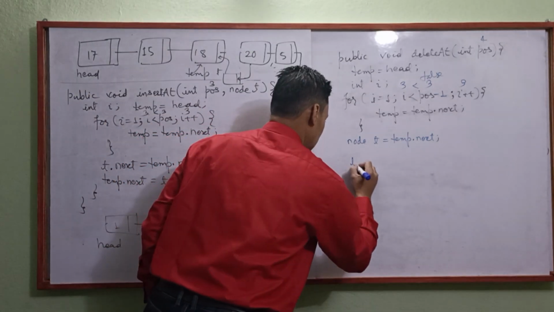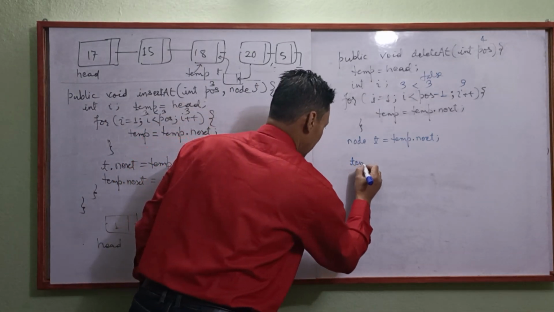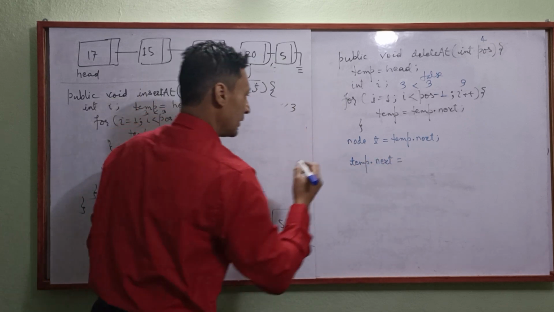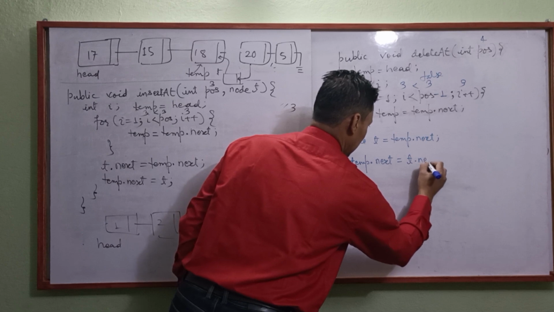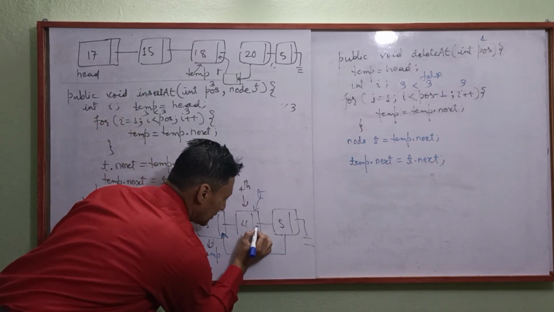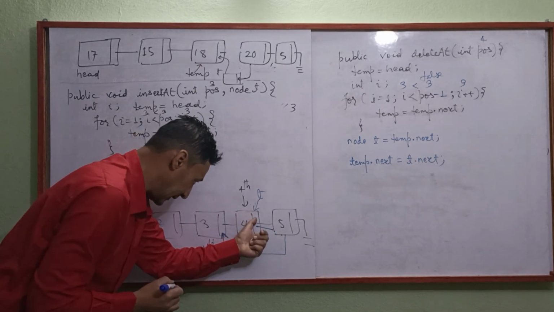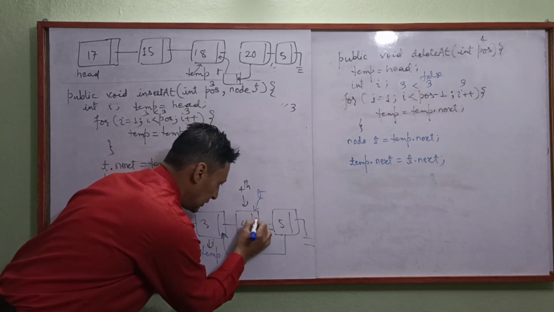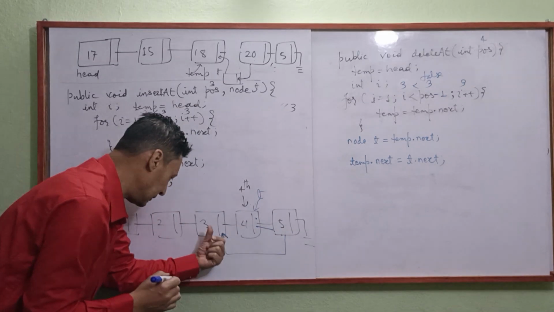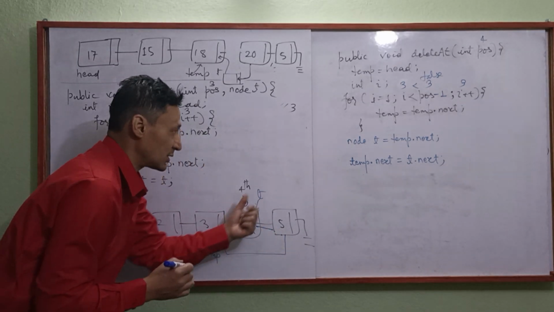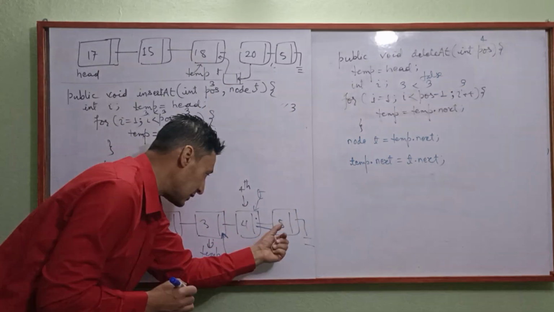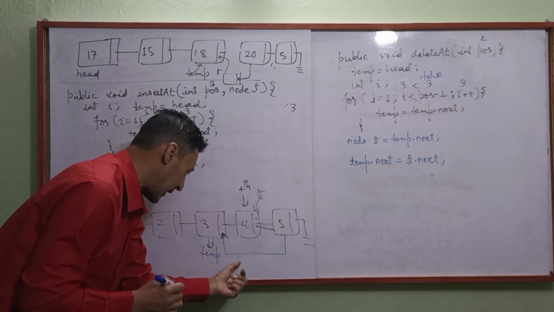Now we write temp.next equals t.next. Now this is t, so t.next contains the reference of this node. We are assigning this reference to temp.next, so the reference of this node is assigned here.